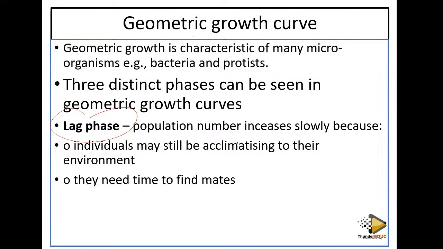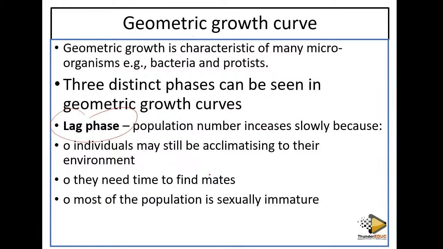And they need time to find mates so that they can find the best reproduction moments and increase rapidly. Most of this population is sexually immature, meaning that they are still young. They are not yet ready to carry out reproduction.